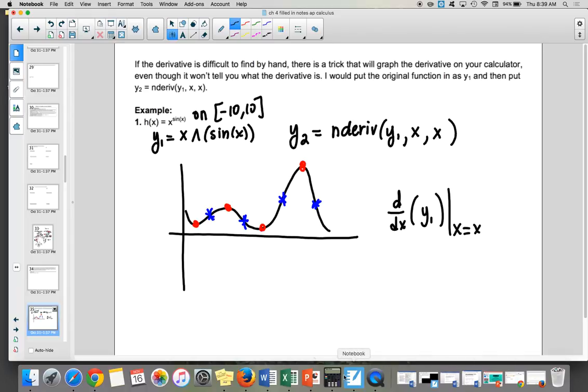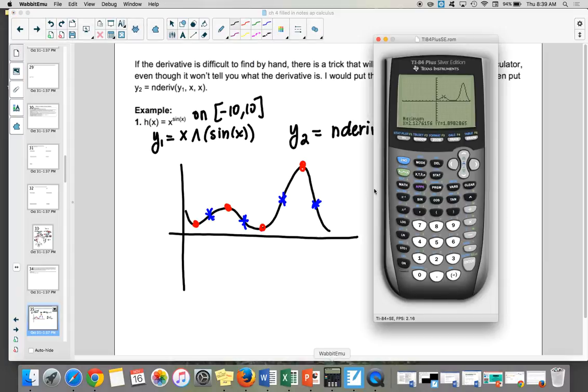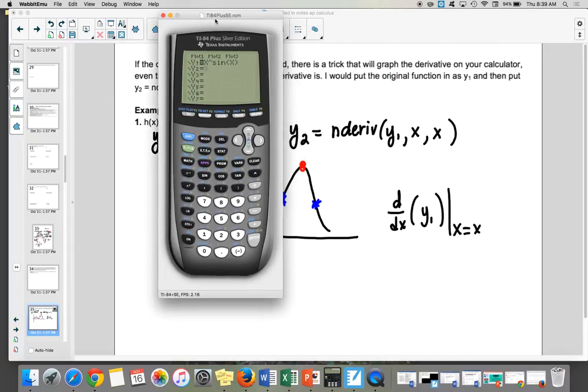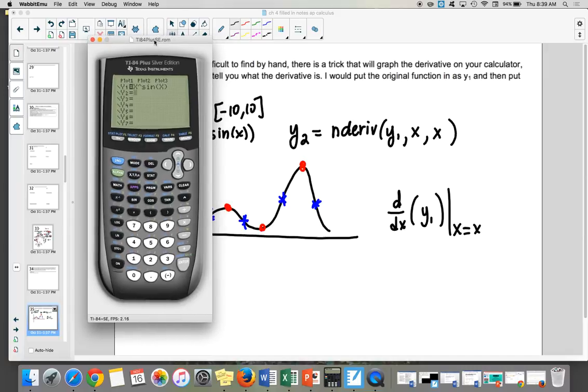So are you guys like, how do I put y1 in? So we're going to go to the y equals. Of course I have my, there we go, okay. And then under y2, we want to put that derivative thing. Can you guys see this at all? It's so hard to see with green.